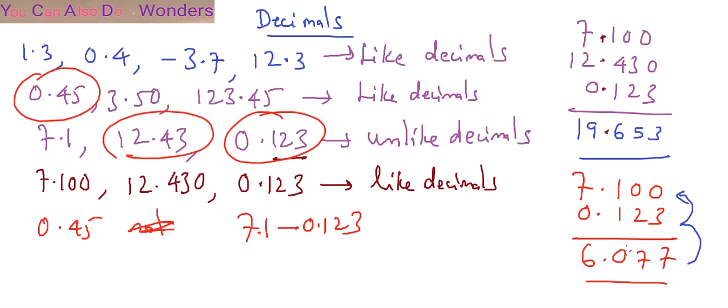So it has to be 9 here. Now 7 plus 3 is 10, 0 carry 1. 7 plus 1 is 8, 8 plus 2 is 10, 0 carry 1. 9 plus 1 is 10, 10 plus 1 is 11, so 1 here, carry 1, 6 plus 1 is 7. So the answer is 6.977.